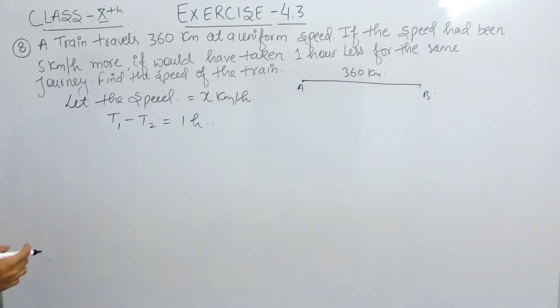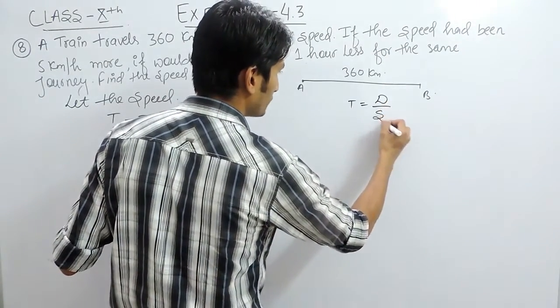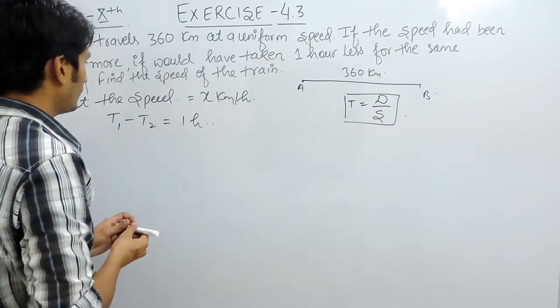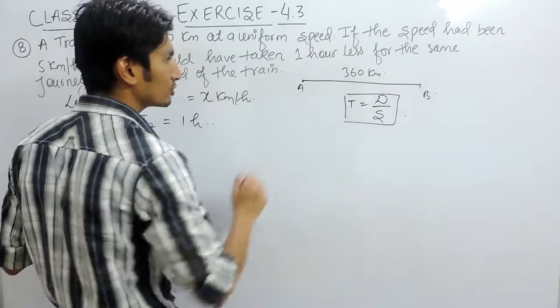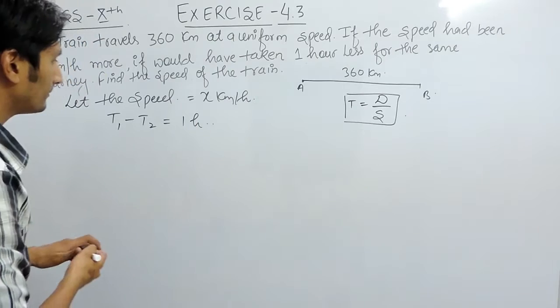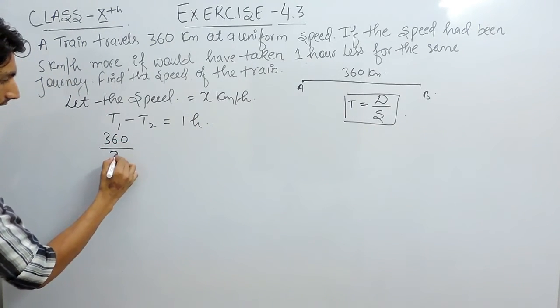And we know that the formula for time is distance upon speed. In the first case, it is traveling a distance of 360 km with the speed of x, so it will take more time. The time will be 360 upon x.